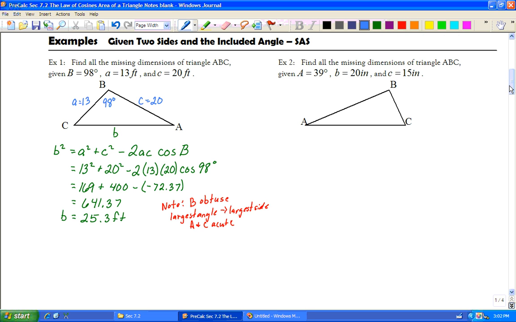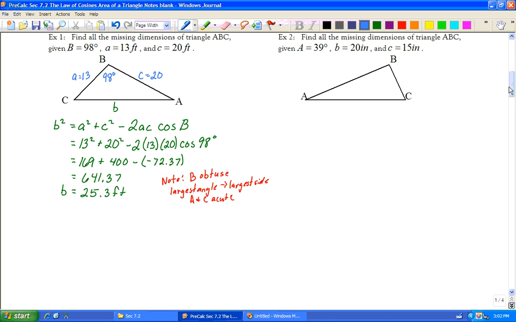Okay, let's see what else we can find. We still have two angles that are missing. Let's use the law of sines, because that's going to be easier right now than finding the angle with the law of cosines, but we'll get to that in just a minute. So let's figure out our ratios.